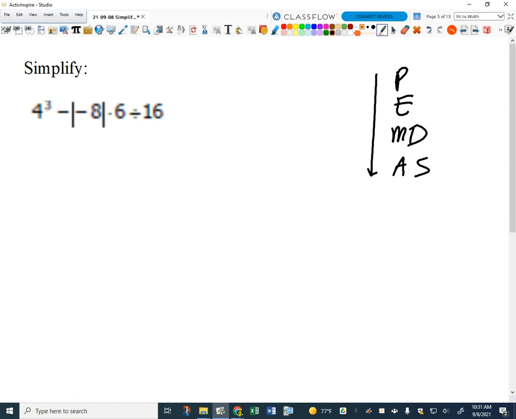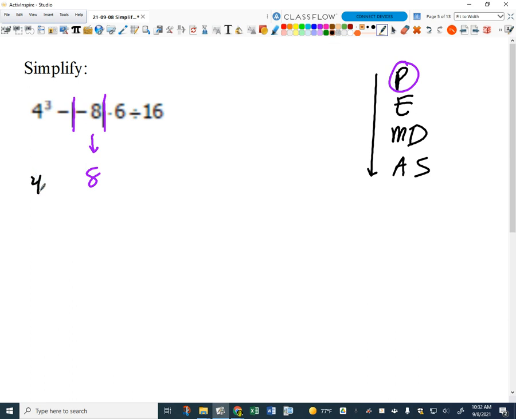Okay, so we've got this first layer. We'll make that purple. We've got these grouping symbols. It's absolute value. So we've got to simplify everything inside there. Okay, well, what is the absolute value of -8? It's 8. Okay, so the first step is this is just going to become an 8, right?